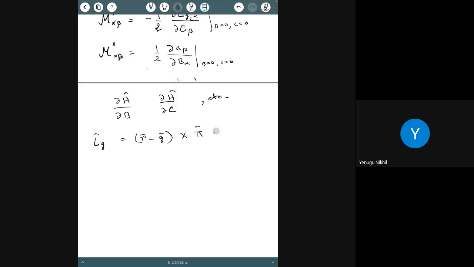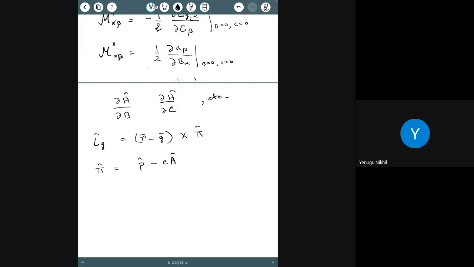Pi is the P minus E. Okay. This is called the physical momentum. G is the gauge origin. So this is the angular momentum operator.